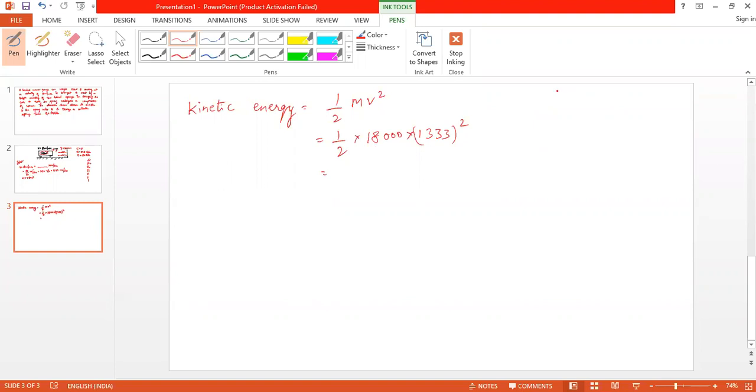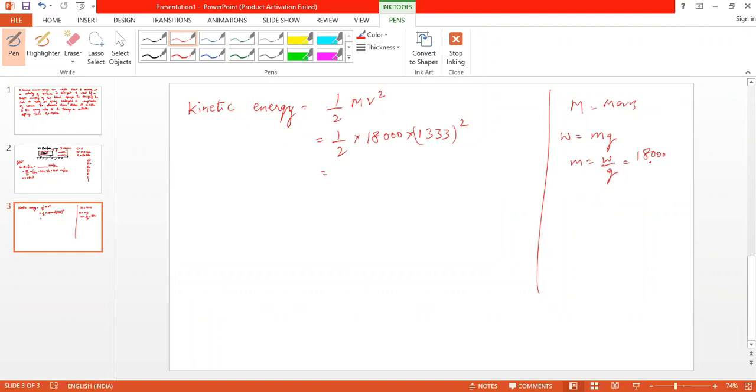So here, what is M? M is the mass. What is the unit of mass? Weight is equal to mass into gravity, and mass is equal to weight by gravity.